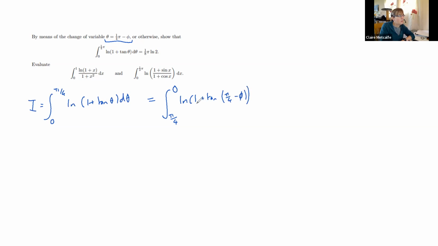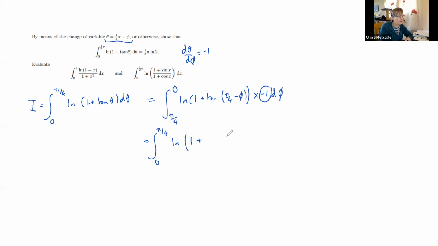And then when we work out here, we know that d theta by d phi is minus 1. So this is multiplied by minus 1 d phi. Okay, we've got a negative 1 here. And we've got some limits. And we can use that negative 1 to flip the limits over. So now we're going to go from 0 to pi by 4.